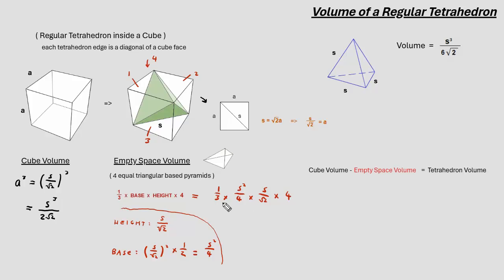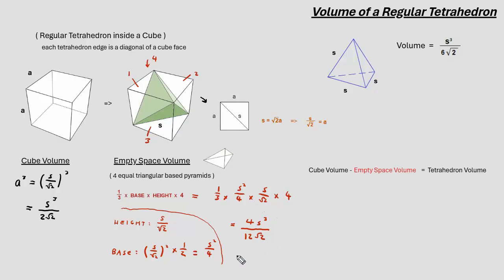And when we multiply these terms all together, we get 4S cubed on top and 12 root 2 below, as 3 times 4 is 12, and we still have the root 2.